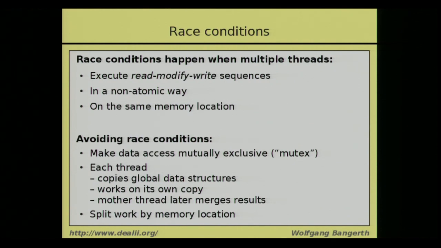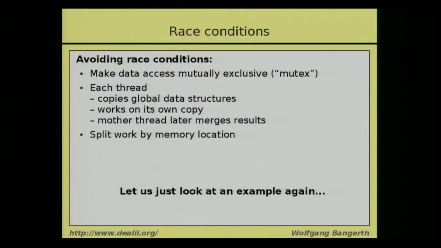So for example, each one of these threads would be responsible for all of the cells, but would only assemble on cells where the degrees of freedom are, let's say, between 1 and 10,000, and the next thread would be responsible for degrees of freedom 10,001 to 20,000, and so on and so forth. Because in that case, you would be writing into different parts of the memory, and that, again, cannot be a race condition. So I would like to show you the first and the second way, in particular the mutex and the copy of the data structure.